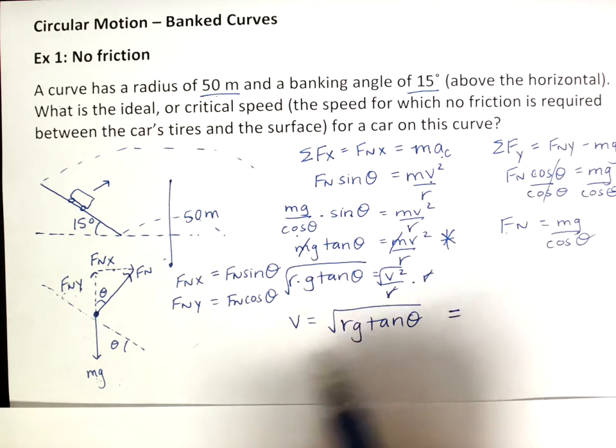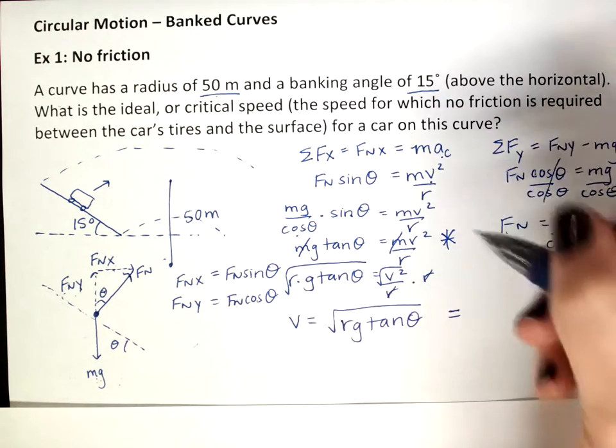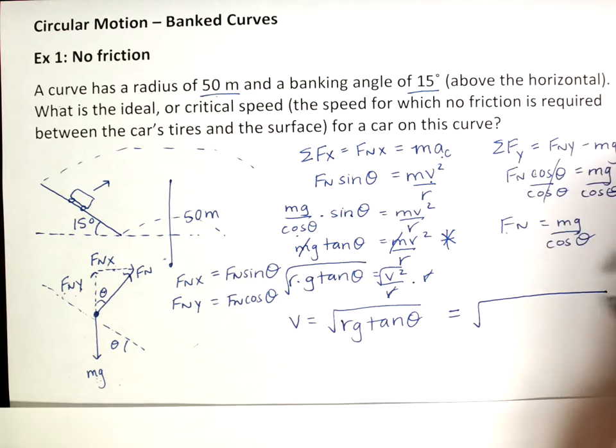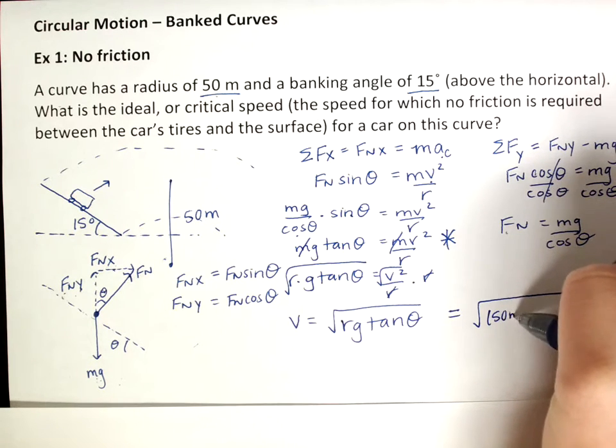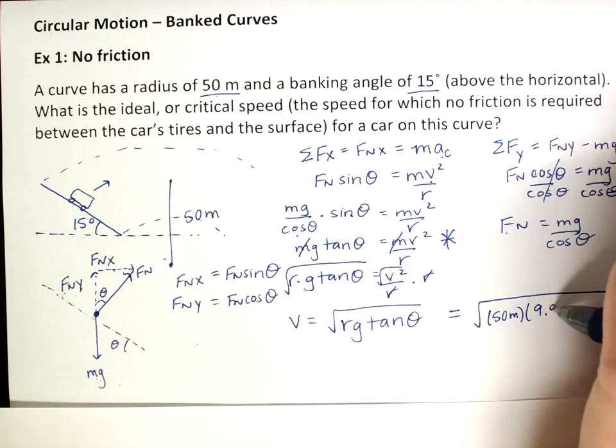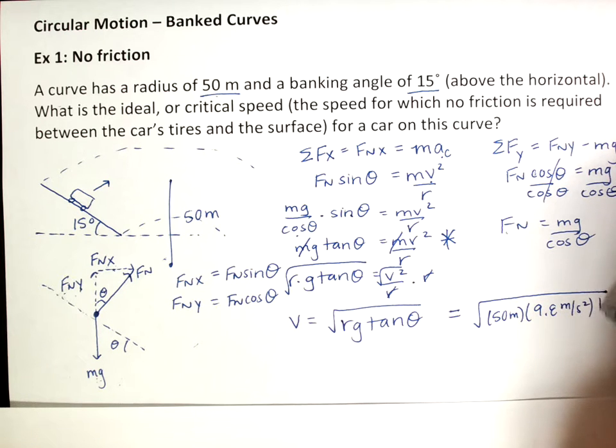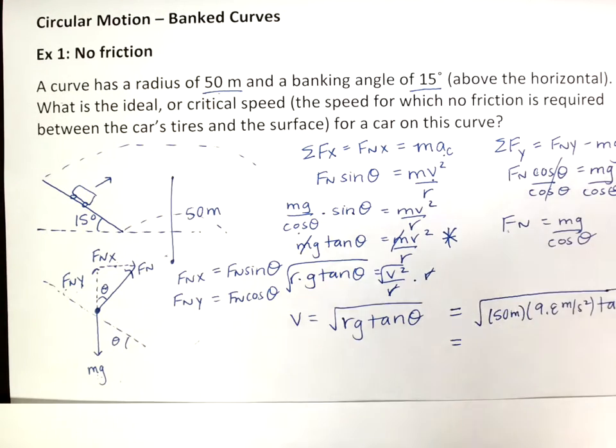Remember to always solve for variables first and then plug in your values. Square root of 50 meters times 9.8 meters per second squared times tan of 15. You get, let's see, make sure you're in degrees.